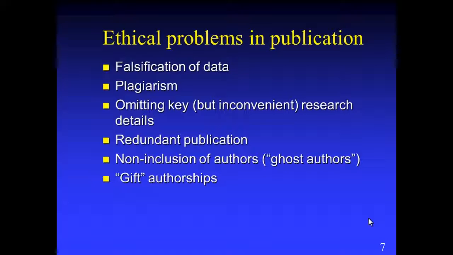So be careful about redundant publication, and if you have two publications that are in some way related to each other, maybe they overlap a fair bit, then just tell the second journal that this is the case, and usually they're quite understanding about it, and there's ways around it, but you really don't want to be caught out after the fact.